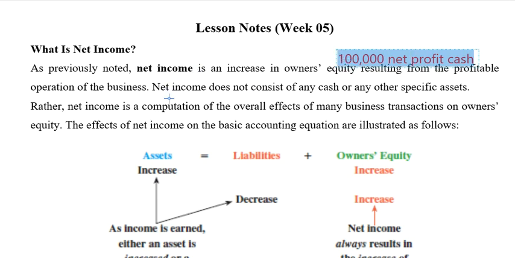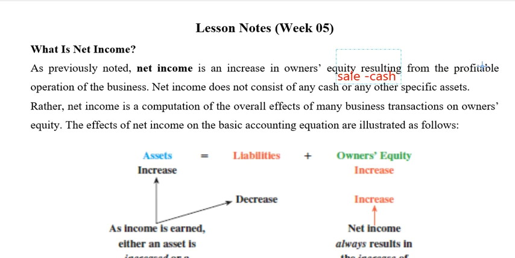Also the net income does not consist of any cash or any other specific asset, but we can say that your net income will increase the cash account, because when you make a sale to your customer, the other account that will be used is cash.